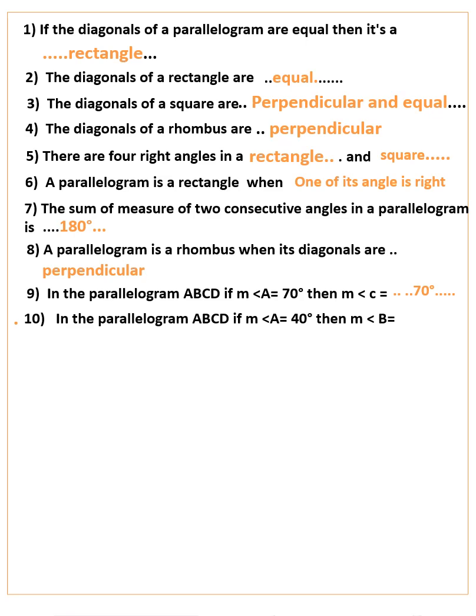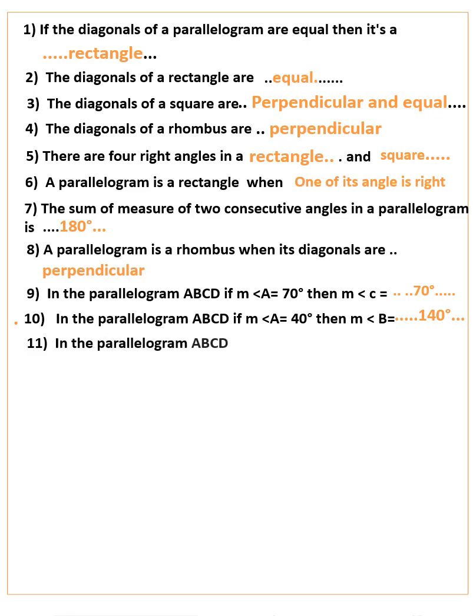You will make 180 minus 40 equals 140 degrees because angle A and angle B are consecutive. It's very important to write the letters in the same order on the figure, A, B, C, D.